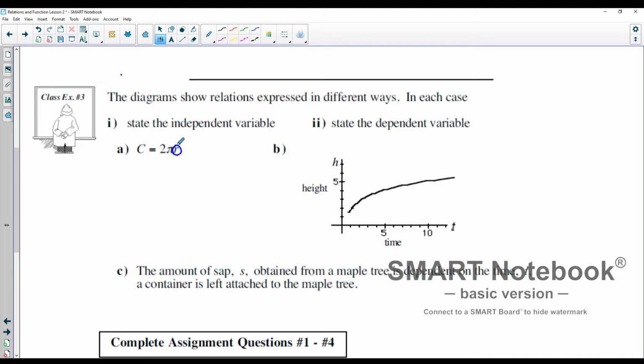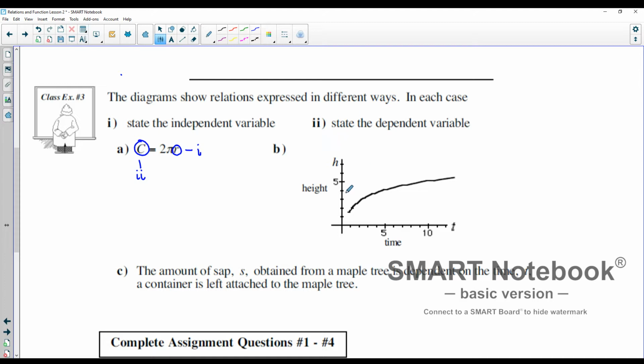Now, it turns out here that r is the independent variable, and then capital C would be the dependent variable. And that makes sense. The circumference of a circle depends on what the radius is. If you have a circle with a bigger radius, you're going to have a larger circumference. If you have a circle with a smaller radius, you're going to have a smaller circumference.